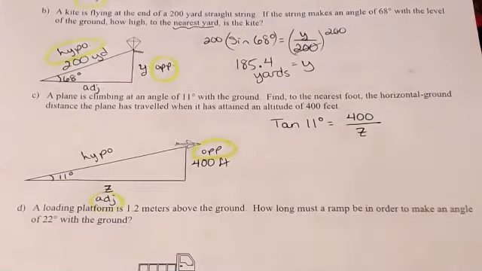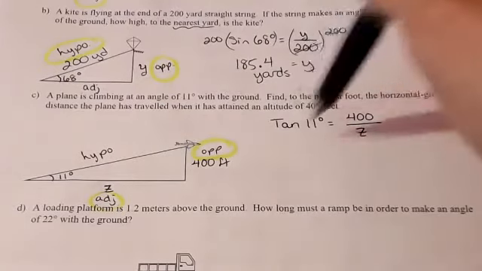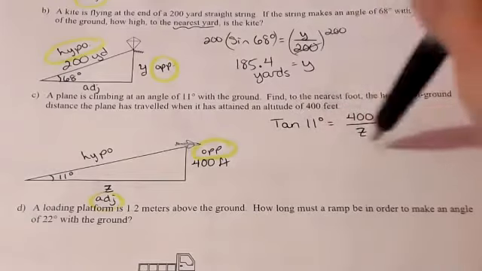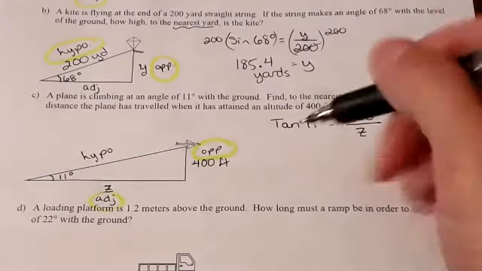What was the trick we can use in this case? What's that little mini baby shortcut? Switch the tan 11 and the Z. Yeah, score. Switch these two places. It's a shortcut. You don't have to do it if you don't want to.